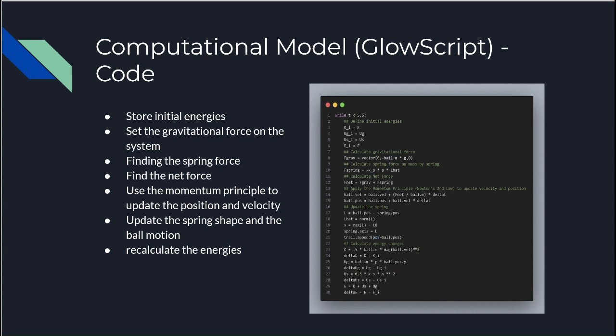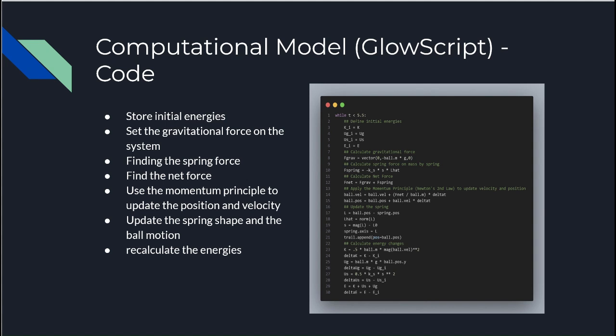Now let's go over the code for the second part of the computational model. First, we store the initial energy, as you can see in the code. Then we set a gravitational force on the system, which is negative mass times gravity in the y-direction. Then we find the spring force, which is negative Ks times L hat.